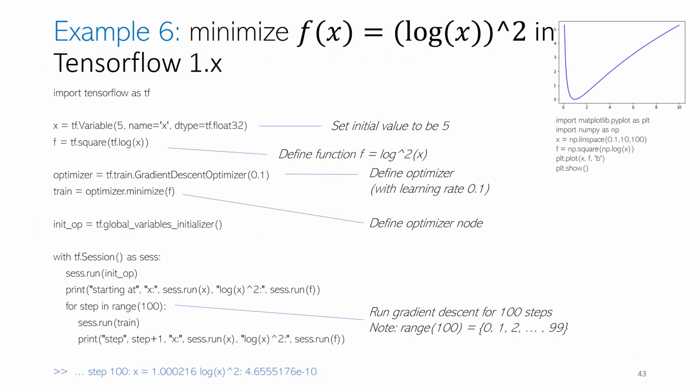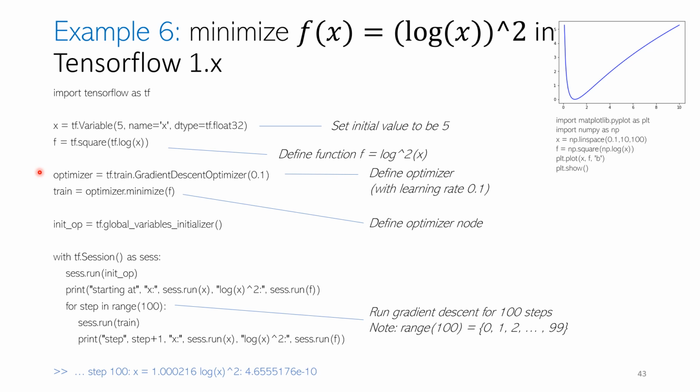Let's again explain this with a very simple example. Consider we have function f of x equals log of x squared, and we want to find a minimizer of this using TensorFlow 1. So what we do is we first instantiate a variable with an initial value. Next, we define our function f using the tf.square function.